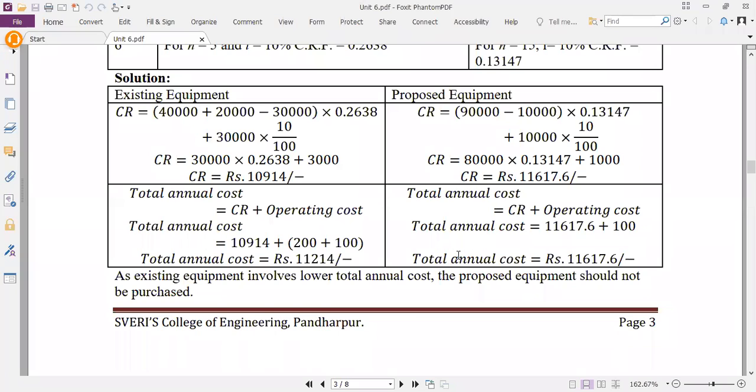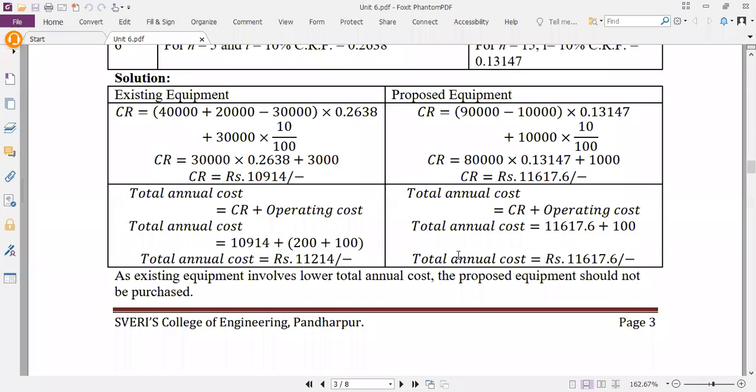Okay, so by such a comparison, we can take the proper decisions: whether we should purchase option number one, equipment number one, or equipment number two, or whether we should go further with the existing equipment or purchase the proposed equipment.